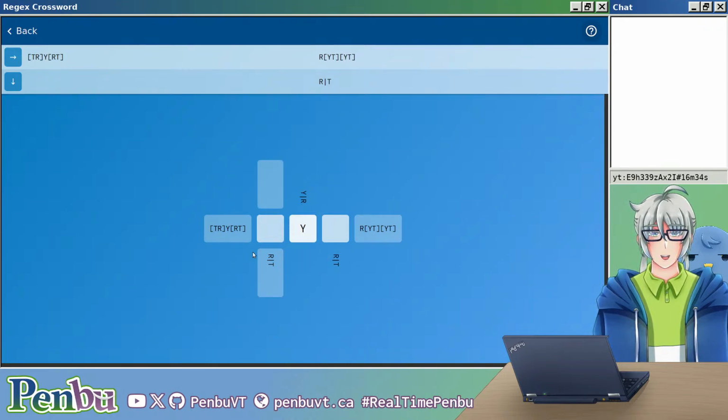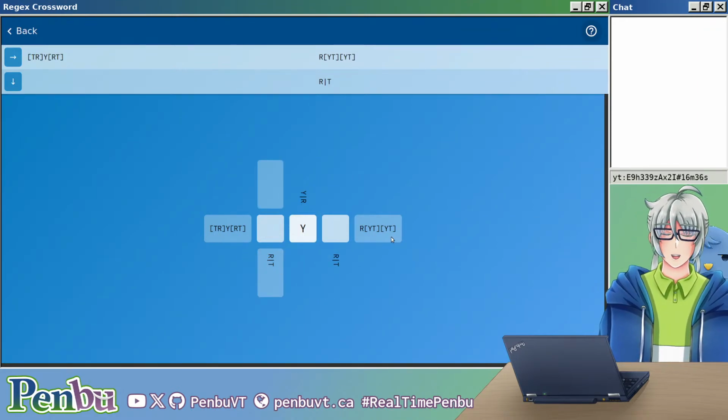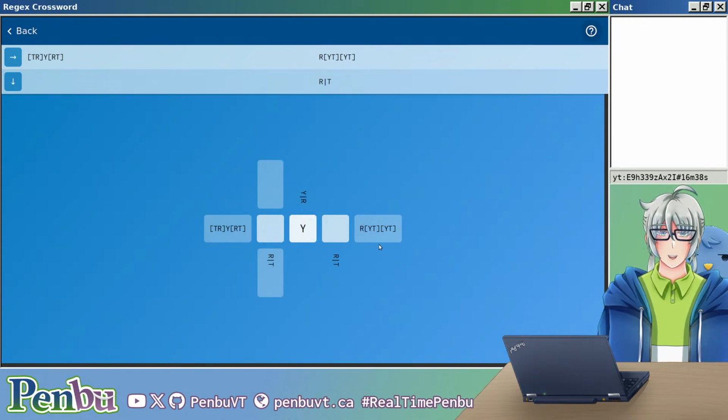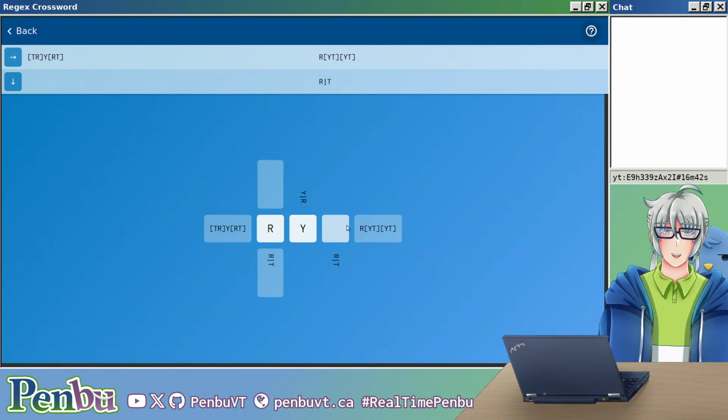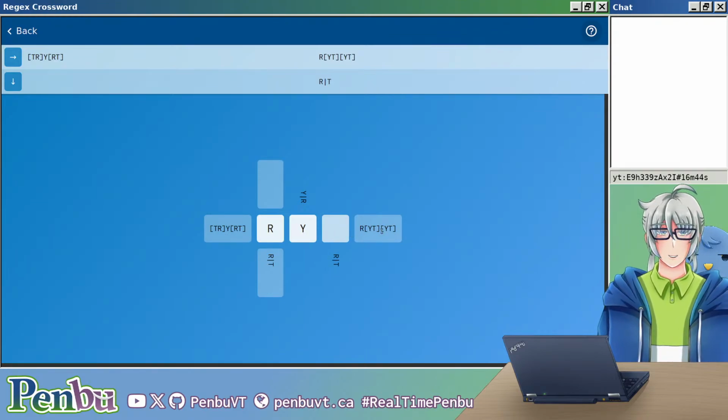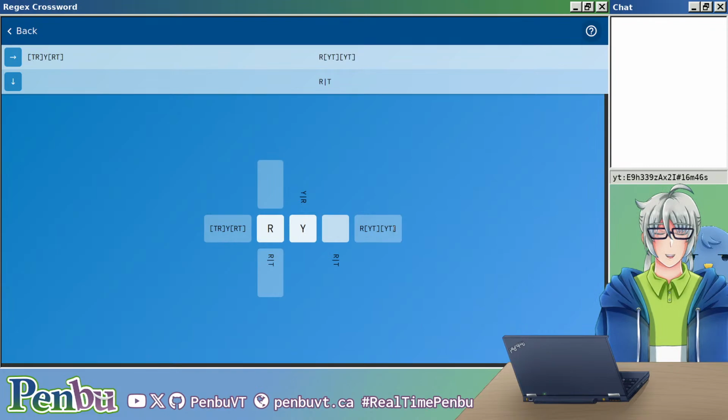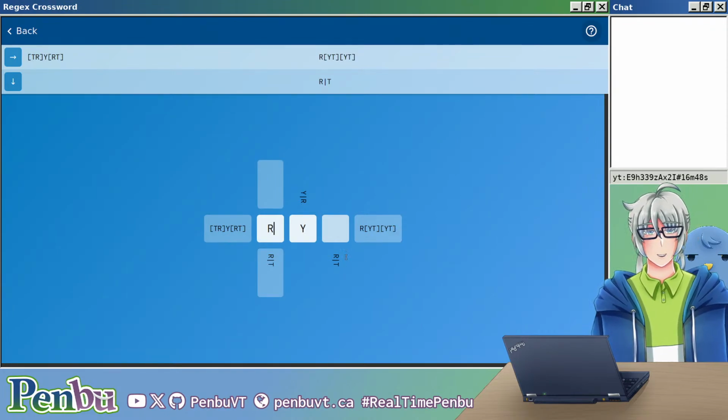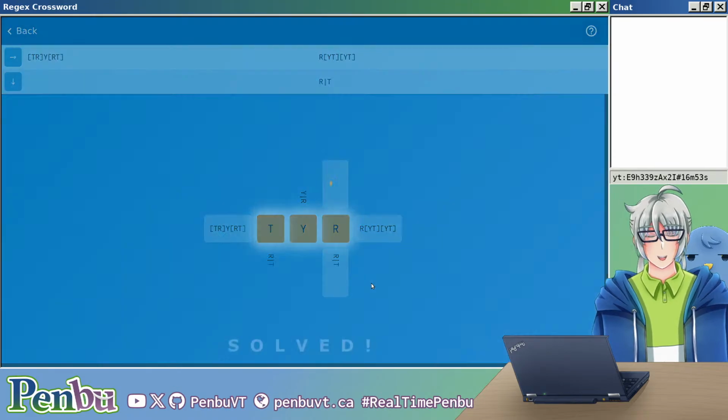T or R also doesn't give us anything. Those two are equivalent, so we have to look at this one. This is forced to be an R because it's the first one. And then the last one is a Y or a T. The only character that is the same between these two is T, and so it is that.